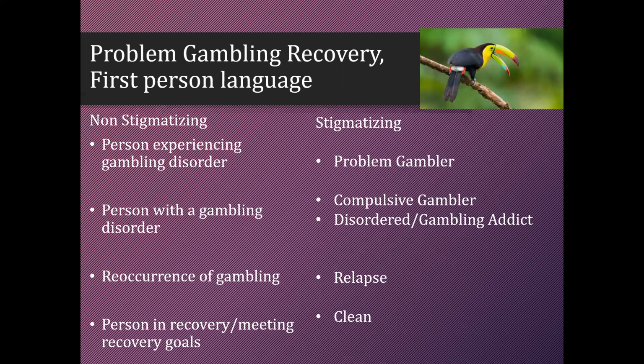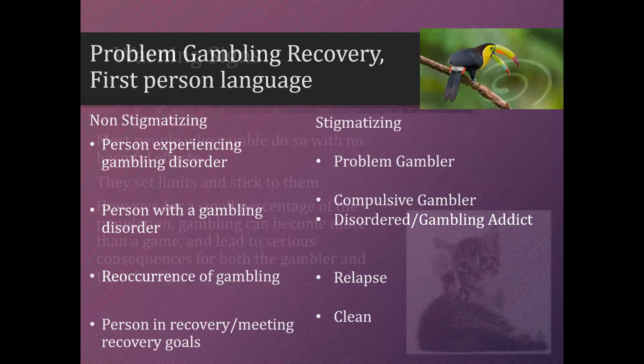Instead of saying compulsive gambler, disordered gambler, or gambling addict, say person with a gambling disorder. Reoccurrence of gambling instead of relapse. And person in recovery or meeting recovery goals instead of clean. Those of you who've been to the Recovery Coach Academy know that they have quite a bit of a section on language and how important it is for the proper use of language to reduce shame and stigma. And gambling is no exception.